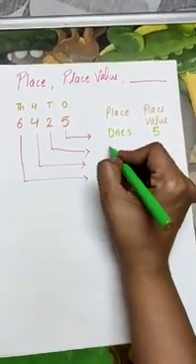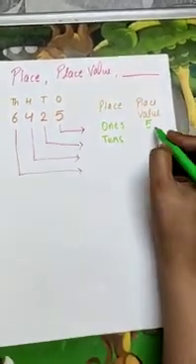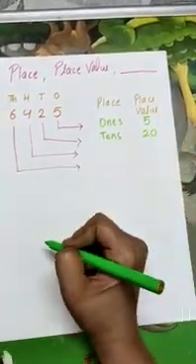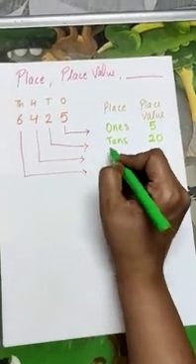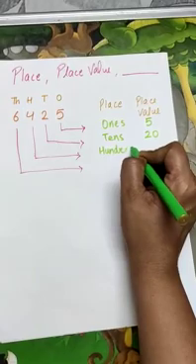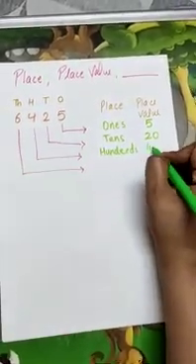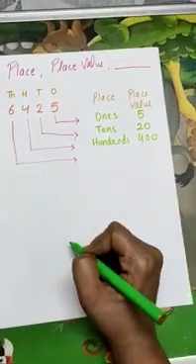Here 2, the place of 2 is tens and its place value is 20. The place of 4 is hundreds and its place value is 400.